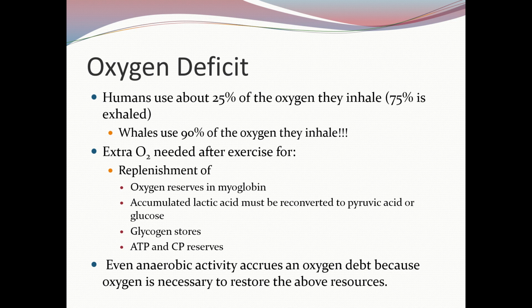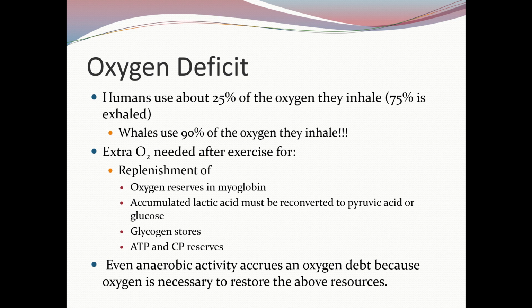And that's because they have way more efficient myoglobin and hemoglobin usage than humans. But again, we're living in air, so we have the luxury of being able to waste 75% of our oxygen in our exhalations. So anyway, that can build up an oxygen deficit.